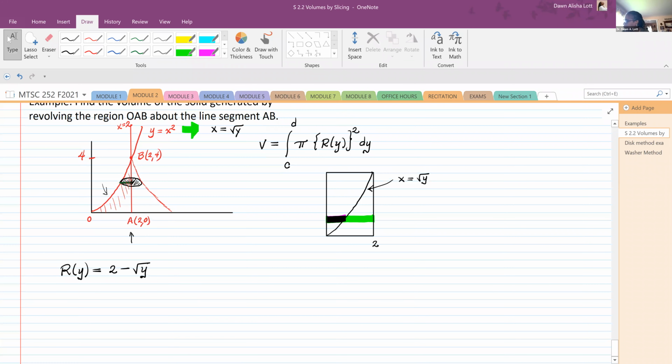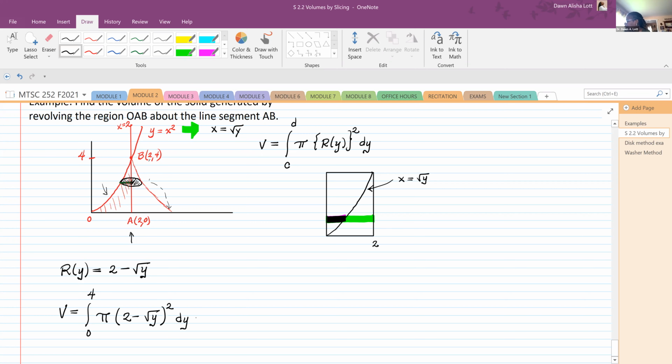And now c and d: this disk starts all the way down here at 0 and goes all the way up to 4. So my volume becomes the integral between 0 and 4 of pi, and my radius is 2 minus the square root of y, squared, dy.